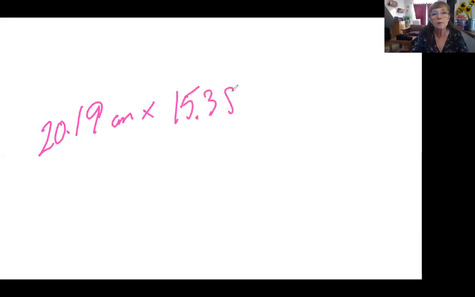So when I take 20.19 centimeters and multiply it by 15.38 centimeters, my calculator tells me 310.522200.